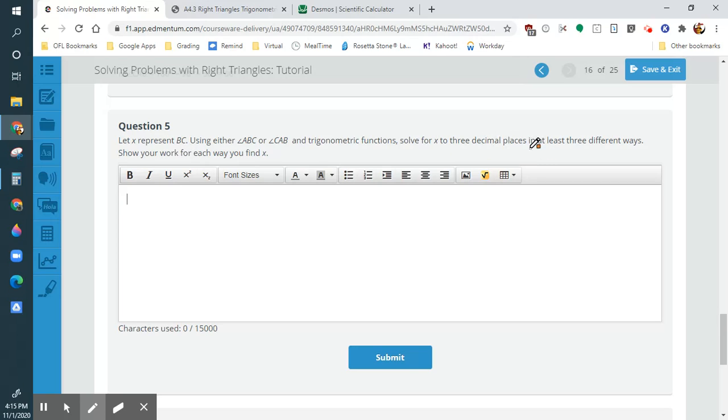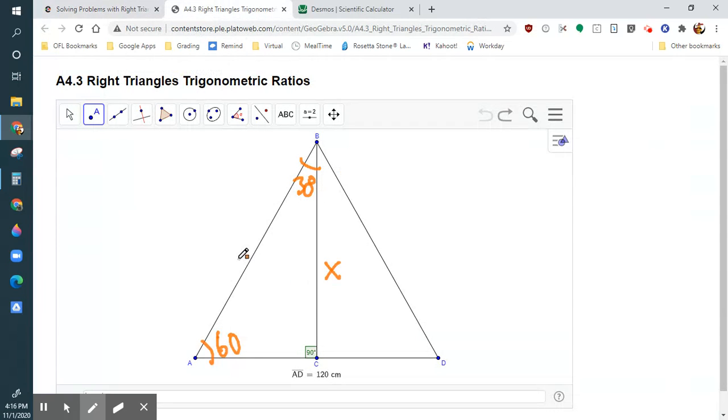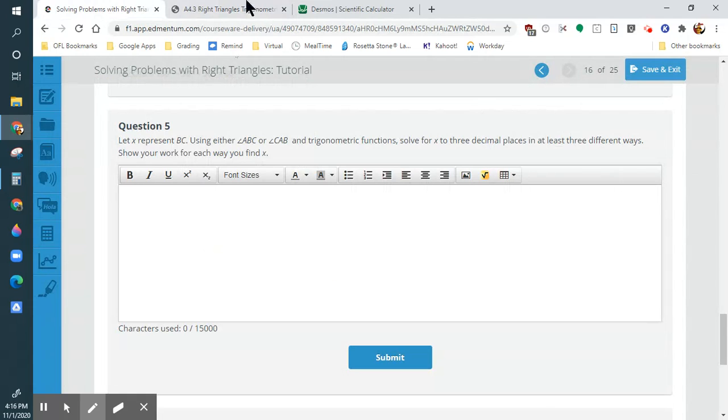Solve for x in 3 decimal places, BC. And what did we say this was? I think we said this was 120. All right.